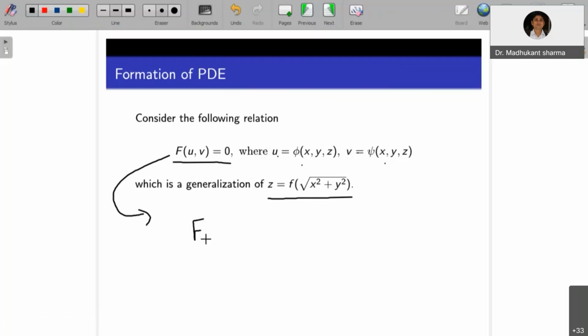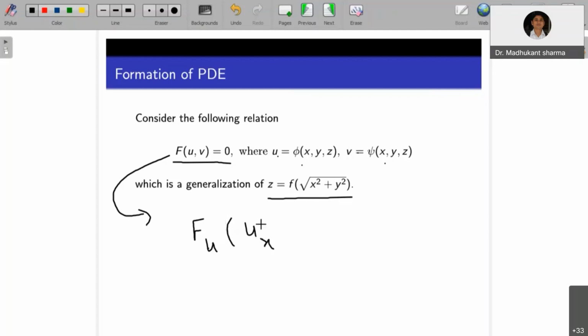What will it give you? First you differentiate partially with respect to u, then u with respect to x. So this is fu ux.